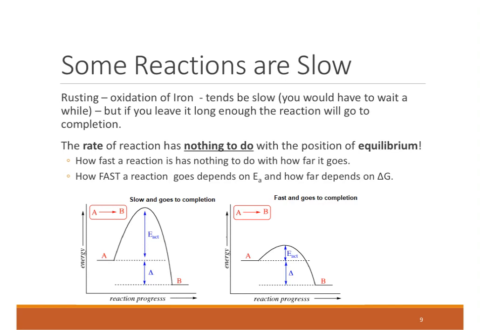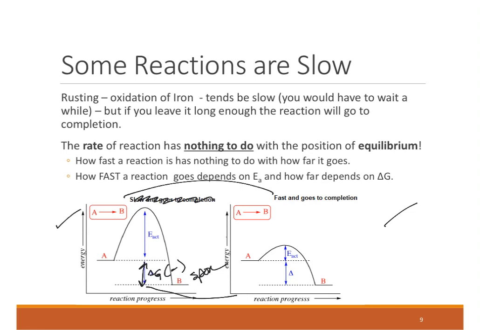All right, let's just look at a couple more graphs, then we'll move on. So let's say I gave you this graph and I asked you to describe it as far as speed and spontaneity. Well, first of all, hopefully right away, you can see the delta G is negative and therefore it's a spontaneous reaction. Probably most of the time you'll be asked to compare two energy profiles.